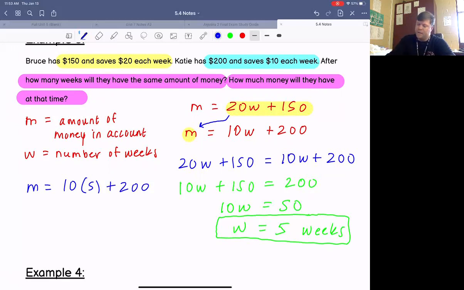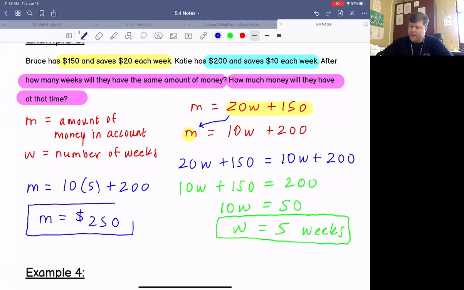And so that's going to give me 250. So $250. That's how much money they have in their account each, whenever the amounts in the accounts are equal.